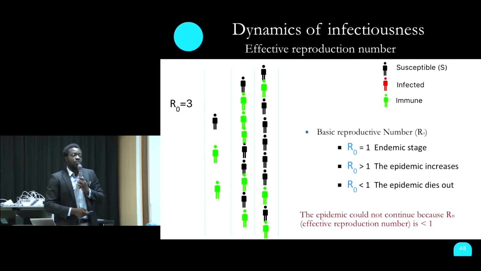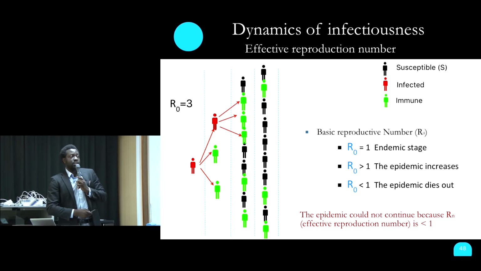This means that 1 infected person can transmit infection to 3 people. So here, it could transmit to 3, but the 2 here are resistant because they have immunity. They cannot become sick. Only 1 here is susceptible. In that case, it's only that 1 who will become infected.